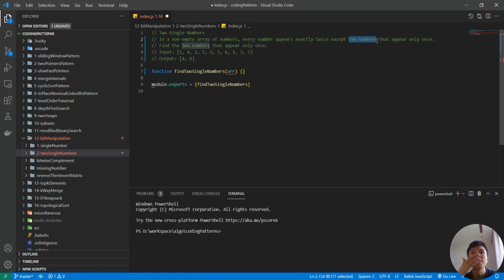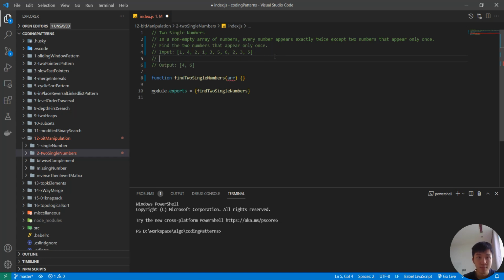For this problem, if we do the same as the previous one, which is to XOR everything together, we will end up with the numbers that are the same eliminating each other, right?